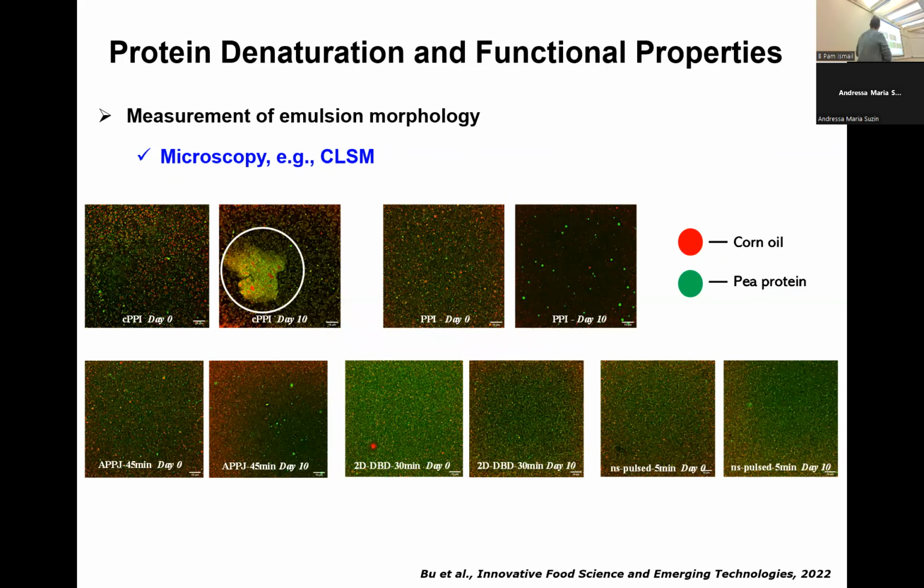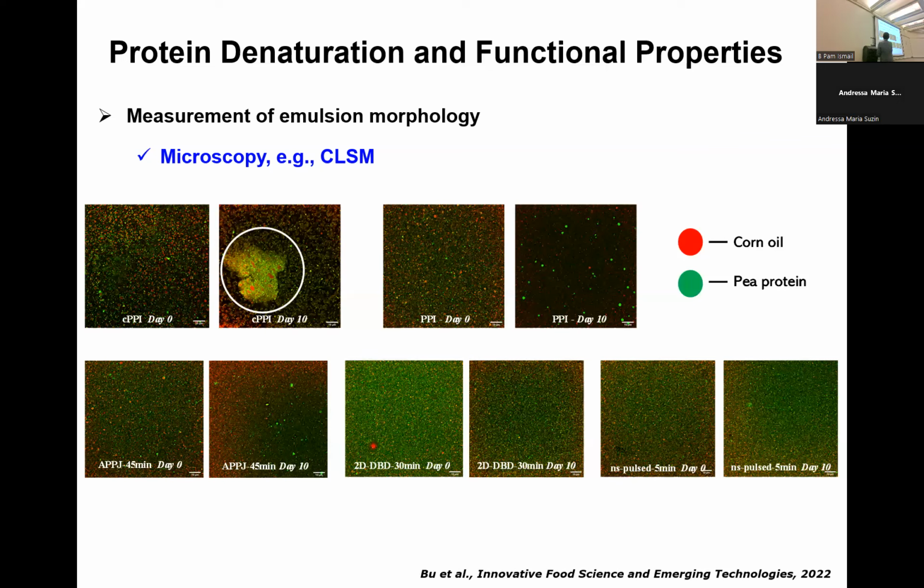Here is an emulsion example that we did with pea protein, looking at the impact of cold plasma. We looked at the morphology at day 0 and then at day 10 to see what happened to our fine emulsion. We produced a fine emulsion using a two-stage homogenizer. At day 0, you see the protein dispersed and your oil dispersed nicely.